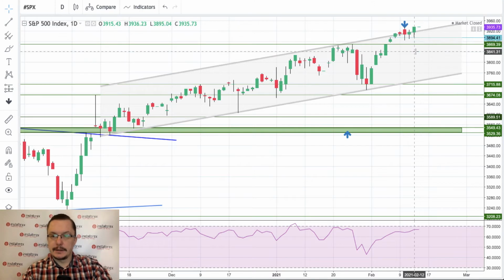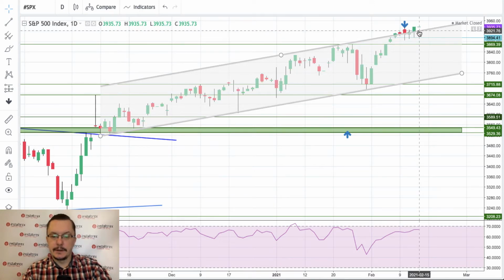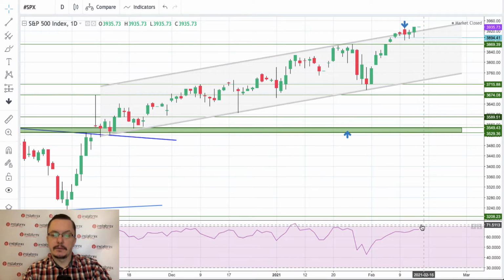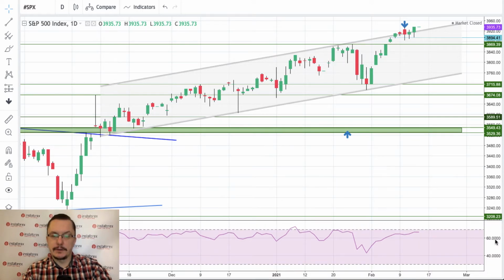Today's open is just slightly above this level, but as you can see here on the momentum indicator, we are trading close to extremely overbought market conditions. So as long as we trade around this 3,900 mark, the uptrend is intact.